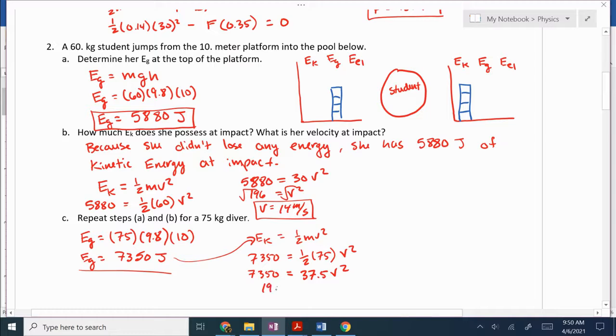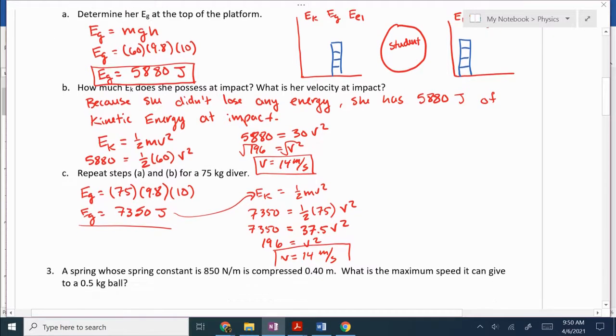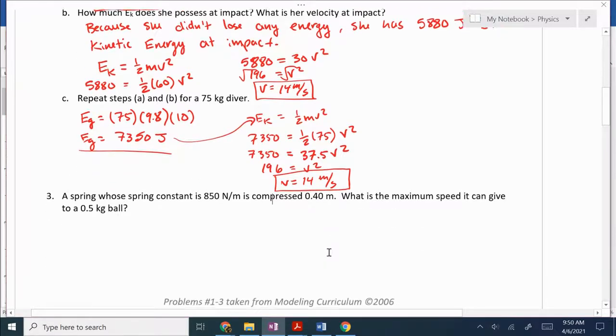Oh, look, 196 equals v squared, v equals 14 meters per second. So you get the same answer, and that's because ultimately the m's are going to cancel. Your velocity at the bottom does not depend on your mass.